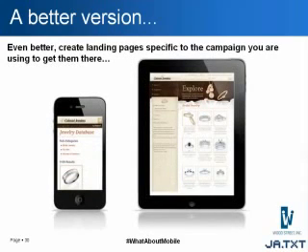Even better than that is if you're setting up any kind of mobile marketing campaign, whether it be QR code or SMS or what have you, even just a link on a billboard. It's based on where they are and what they're looking at. It's probably a better idea, instead of just sending them to your homepage or a mobile version of your homepage, to actually send them to a page that is specific to why they are clicking.